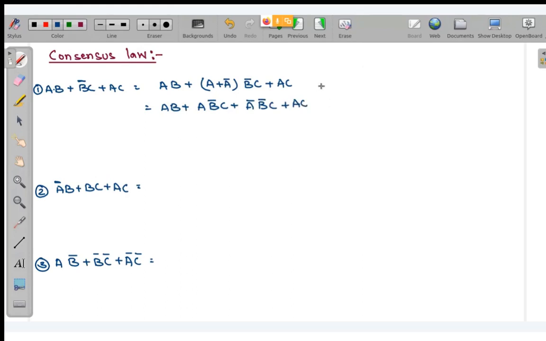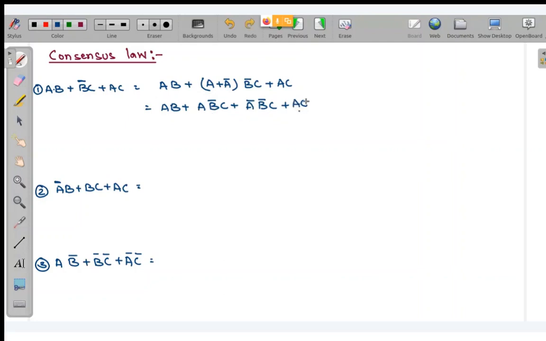So now what can I do? I can club these two and I can club these two. So look what will happen. Okay, I cannot club these two. Oh, wait, I need to club something different. So A, so here B bar C. Okay, I can club these two.